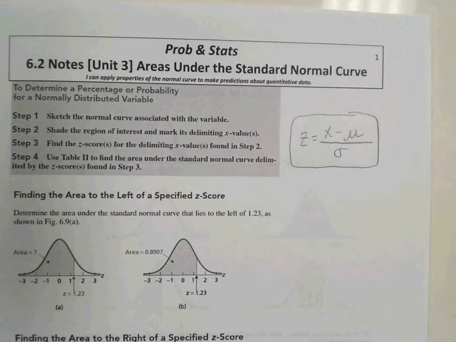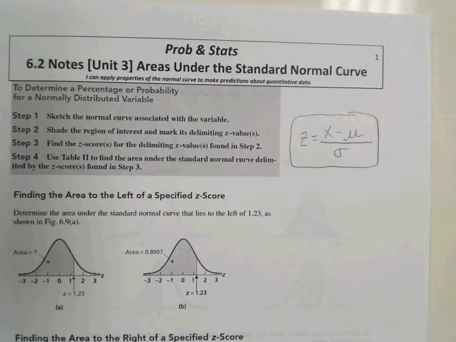So we can now, because we have the standardized z-curve, determine the percentage or probability for a normally distributed variable. So we're going to read through these steps, starting with Madeline. Step 1, sketch the normal curve associated with the variable. Step 2, shade the region of interest and mark the delimiting x values.